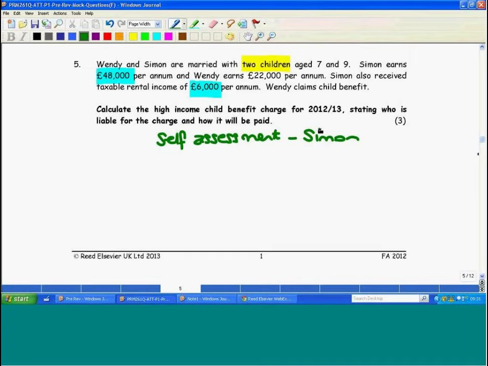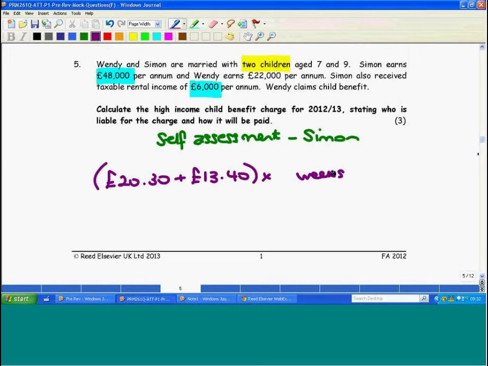Now, page 3 of your ATT tax tables are very useful here. At the top, we have a child benefit section, which tells us for the first child, you're going to get paid £20.30 per week, and for each subsequent child, you're going to get £13.40. So what we can do here is work out how much they'd actually receive. We've got that £20.30 for the first child and £13.40 for the second. Then we need to look at for how many weeks.